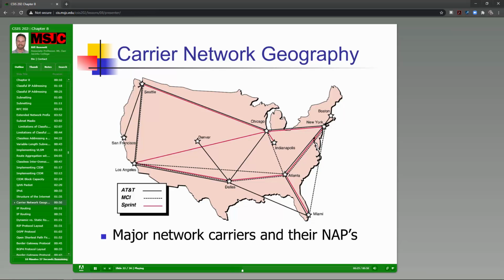We don't have Verizon listed here, which pretty much has taken over the MCI network. It's just showing you these different access points: Los Angeles, San Francisco, Seattle, Denver, Dallas, Chicago, Indianapolis, Atlanta, Miami, New York, and Boston are the major access points to the internet, and there have been some more that have been added, as I say, since this graphic was first developed.